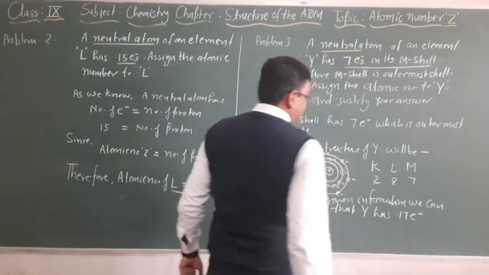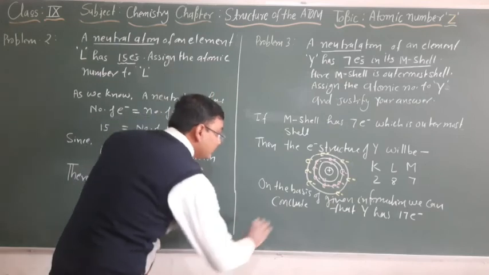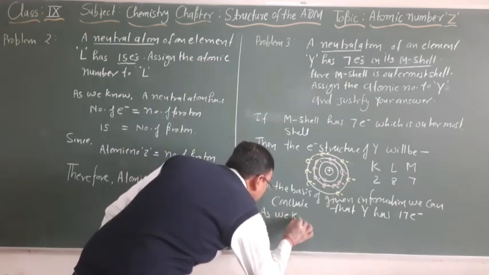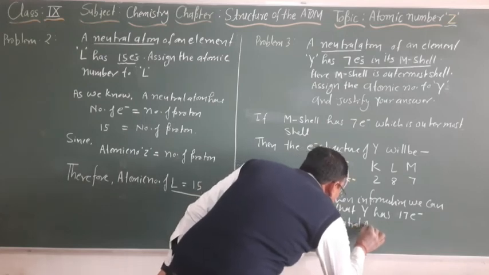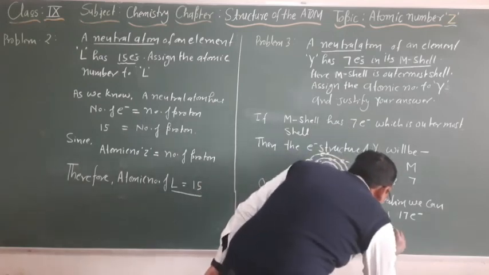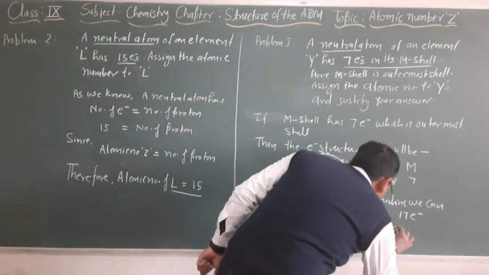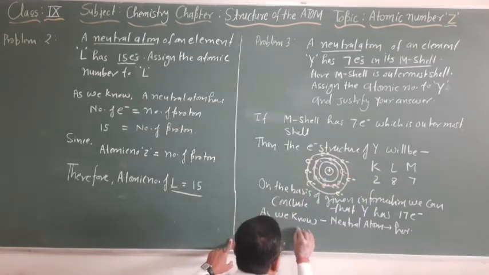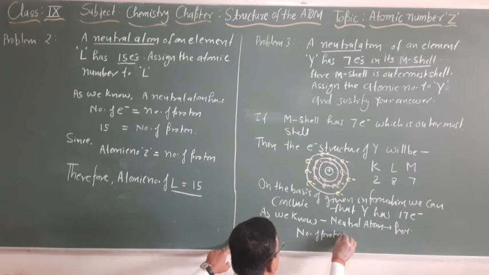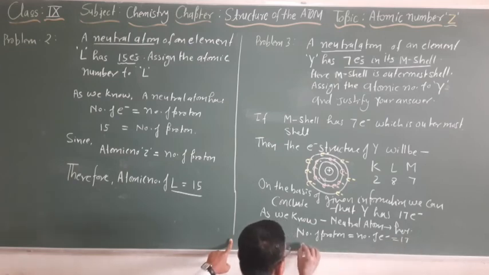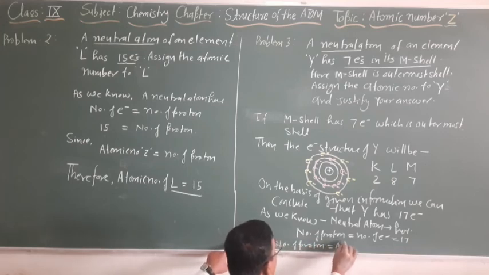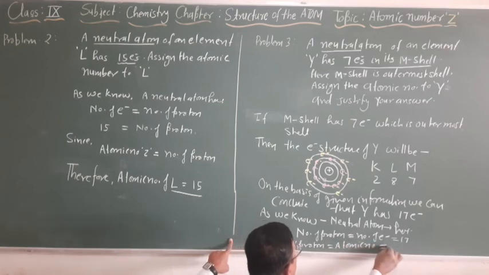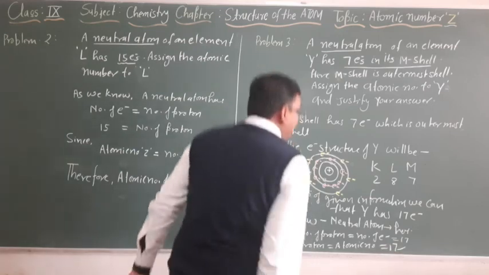Since it is neutral, as we know, a neutral atom has number of protons equal to number of electrons. So the number of electrons is 17 and the number of protons is the atomic number, so that will be equal to 17. In such a way we can solve this problem.